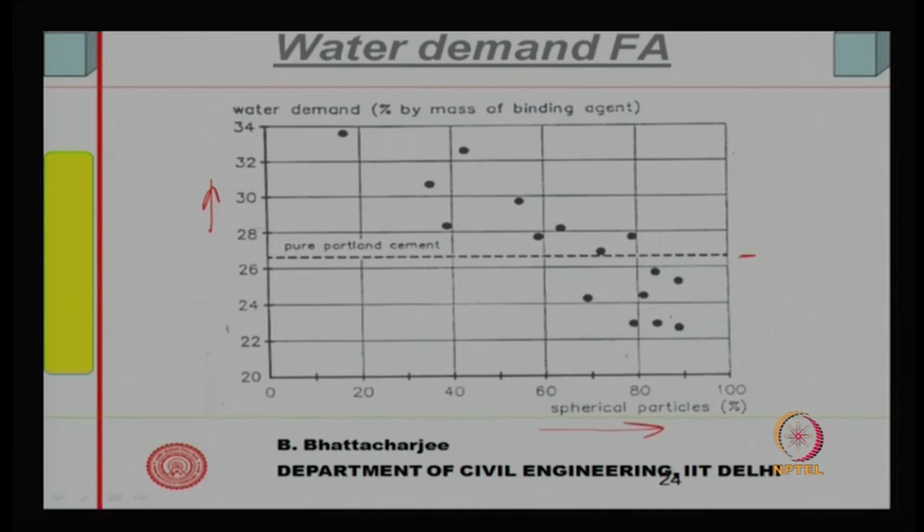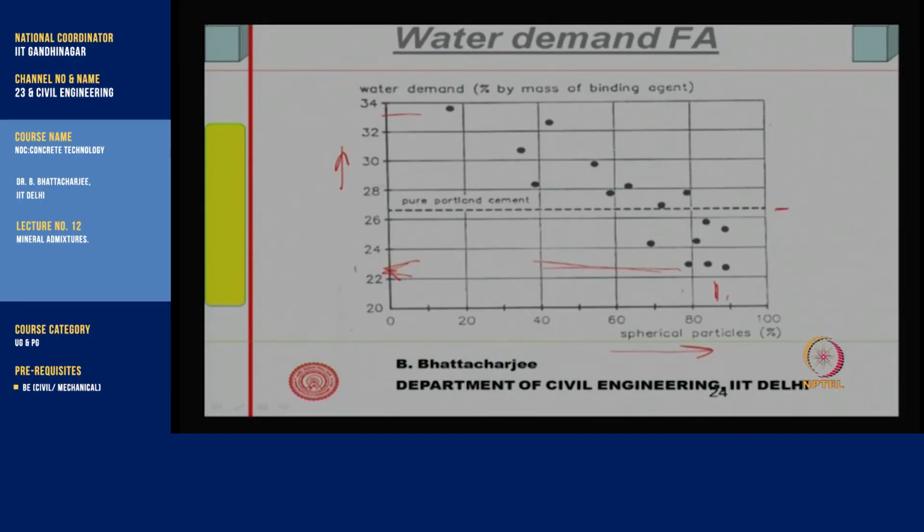So, the more the spherical particle, water demand is much less. For example, if you have about 80-90% spherical particles, you will need only 22% water to give you a standard consistency, whereas if it is only 20% spherical, you will need 30 to 33. Control is of course somewhere here.